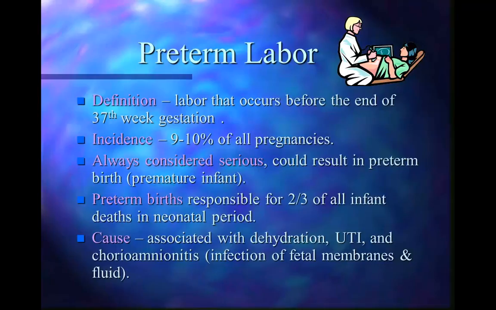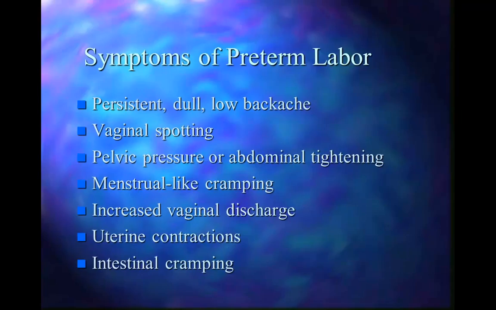Or treat them right away. So anytime we have a woman who comes in to the labor area in preterm labor, we're going to start an IV to give her hydration and push fluids, and we're going to get a urine specimen to evaluate for UTI. And then she may get some antibiotics if we have identified an infection.